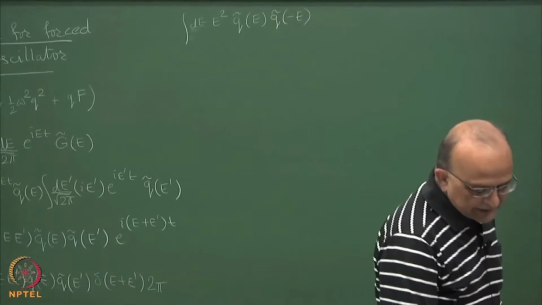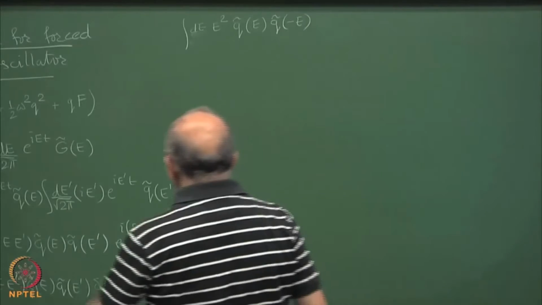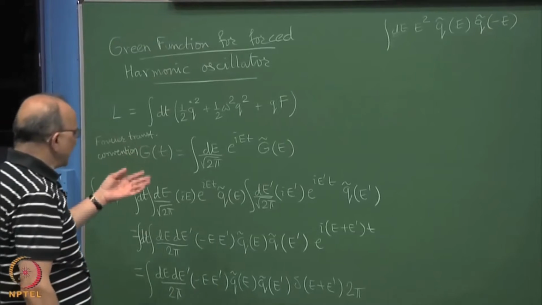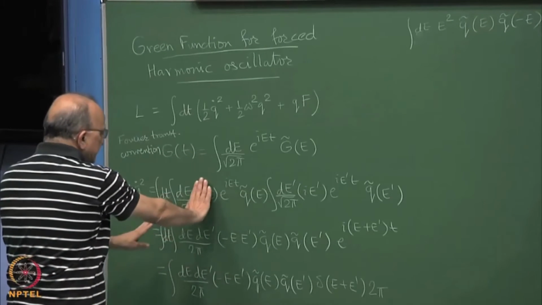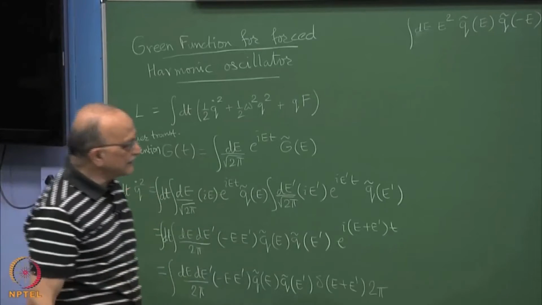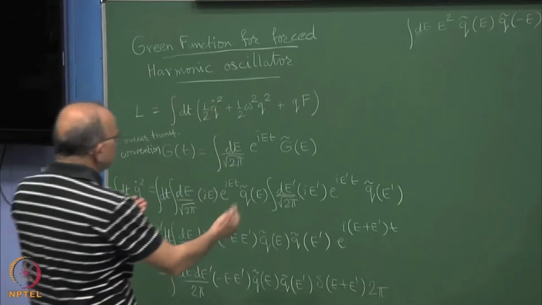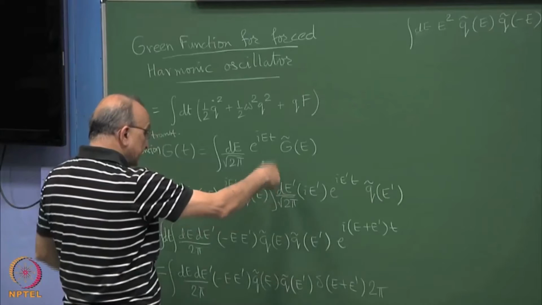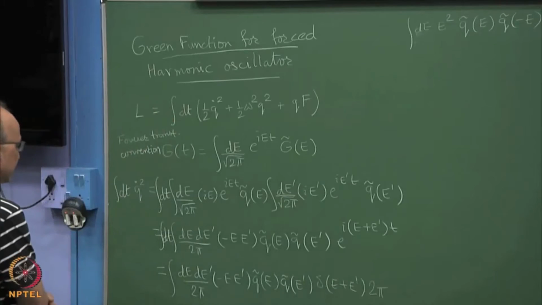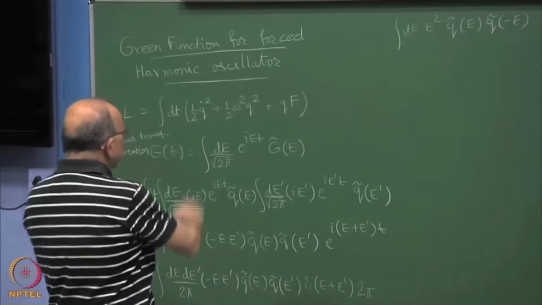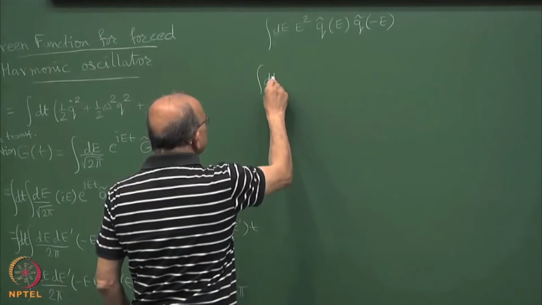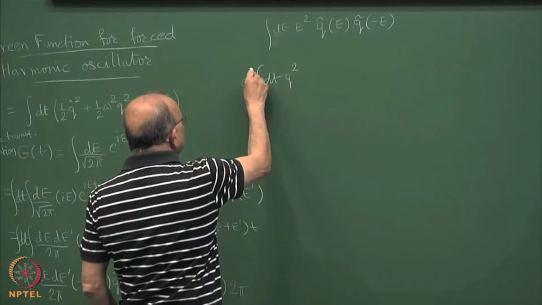Now we have to put it alongside this omega squared q squared. It has to be added on to omega squared q squared, but q squared is just going to have, without any iE appearing, this thing twice. So it doesn't seem to have E and minus E. However, you can always reverse the integration direction in one of them because it doesn't change the meaning of this expression, and then you can write the q squared also as integral dt q squared, and there is an omega squared q squared.